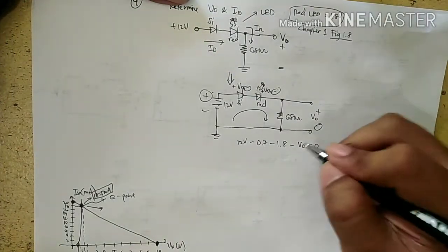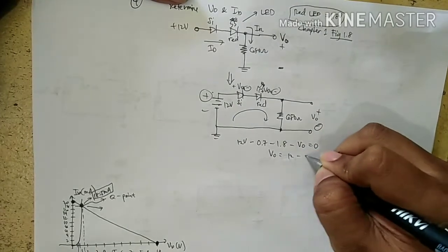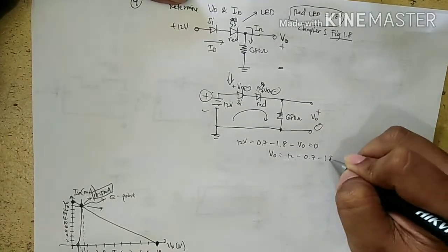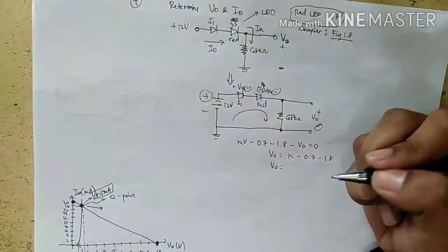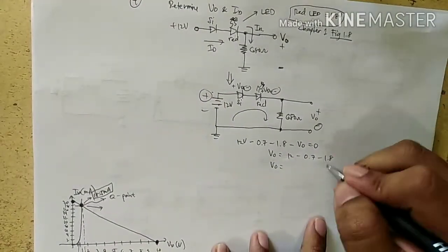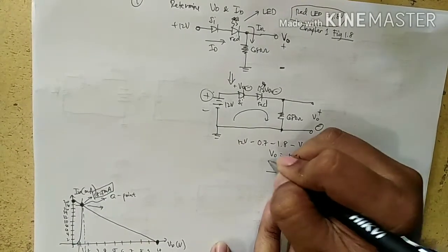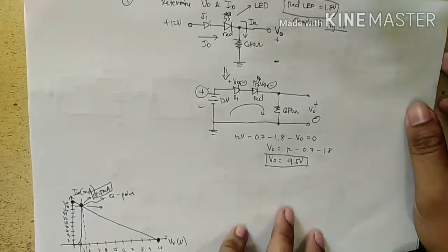So Vout is equal to 12 minus 0.7 minus 1.8. Use your calculator: 9.5 volts.